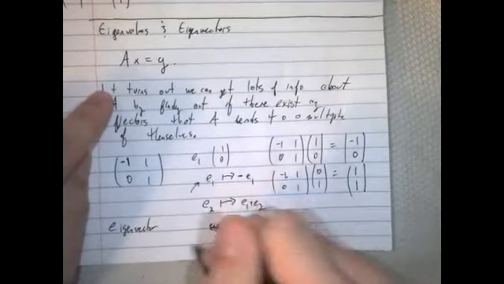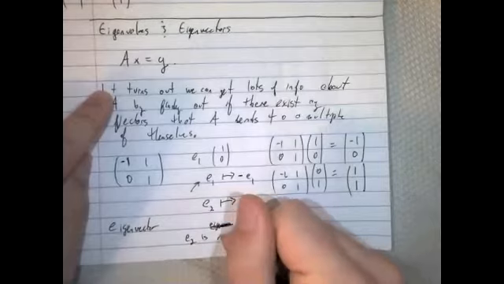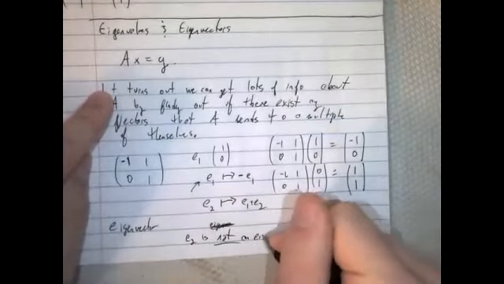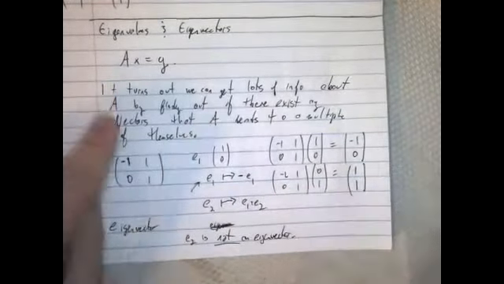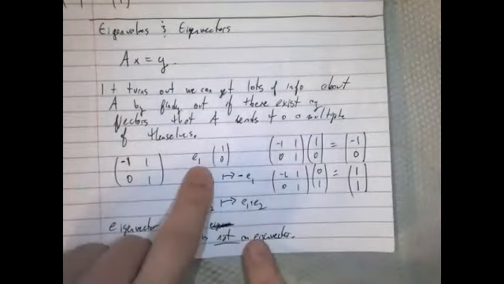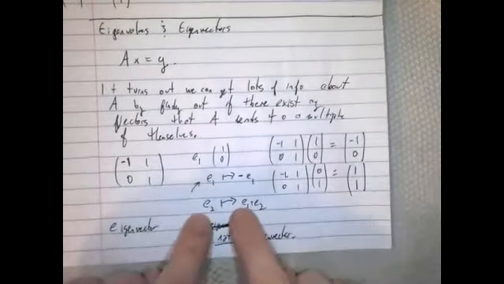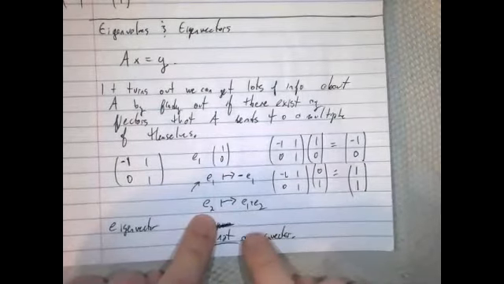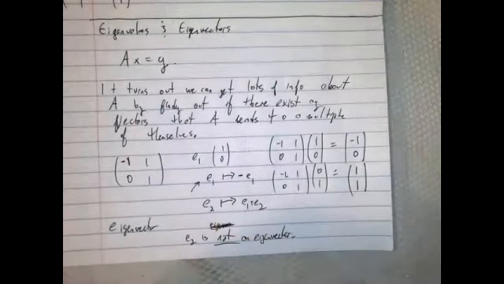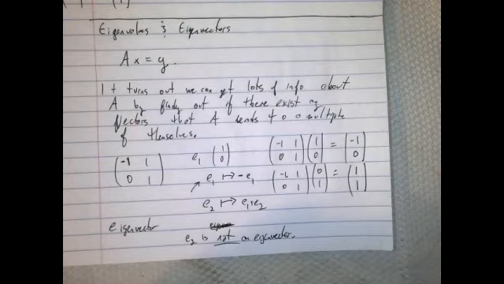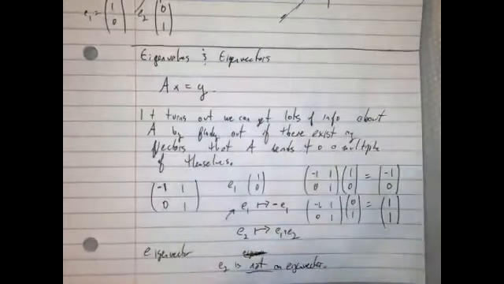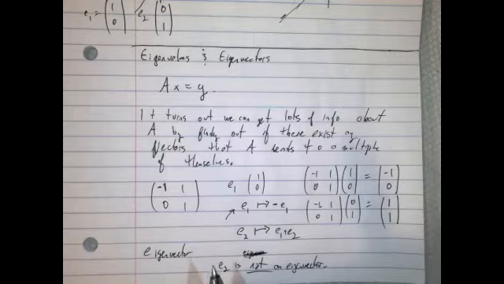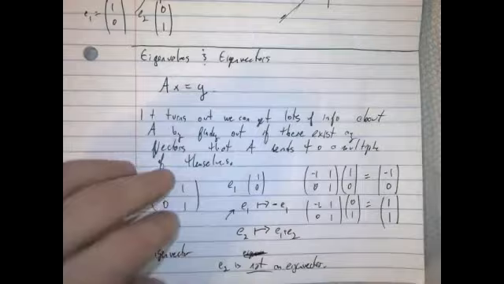Or no, sorry, E2 is not an eigenvector. Because E1 is a vector that was sent to a scalar multiple of itself, but E2 was not sent to a scalar multiple of itself. Any questions here? I think you're good. Okay.